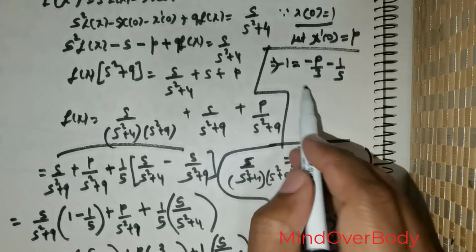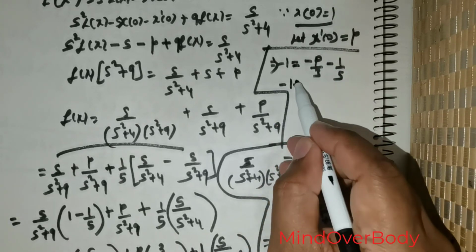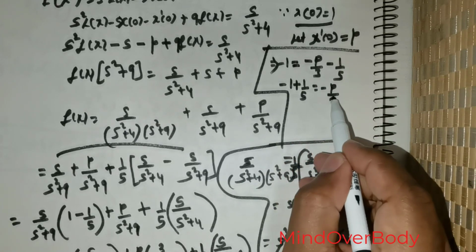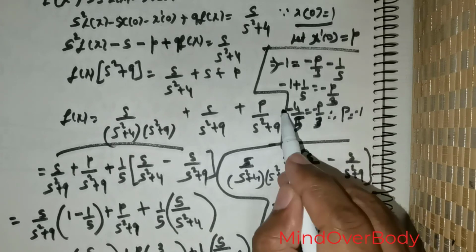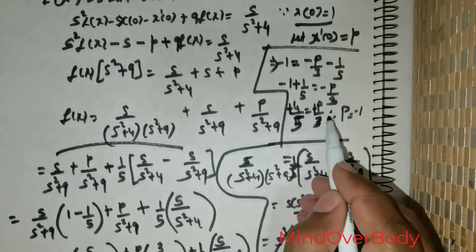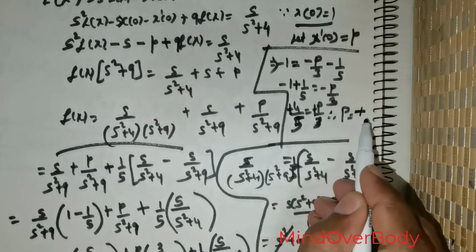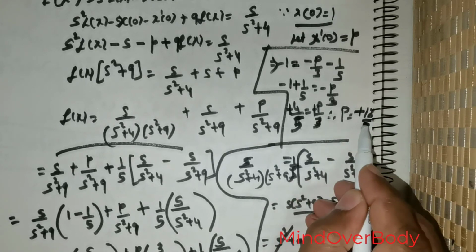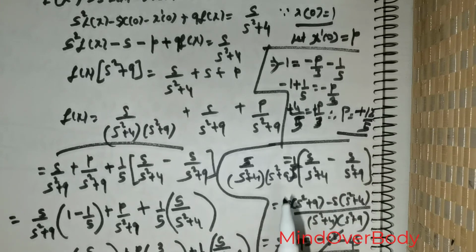I push this negative 1 over 5 to the other side. It's going to be negative 1 followed by positive 1 over 5 is equal to negative p over 3. There's already two negatives, so they will become positive. So that would mean I'll have a positive 12 divided by 5. So this is the value of my p.